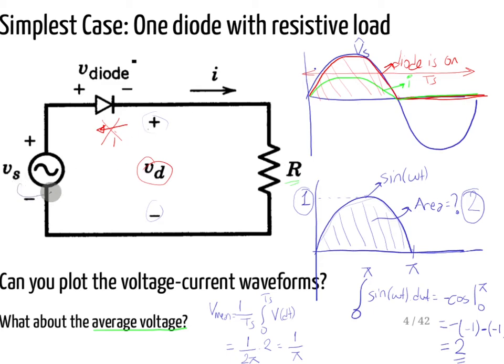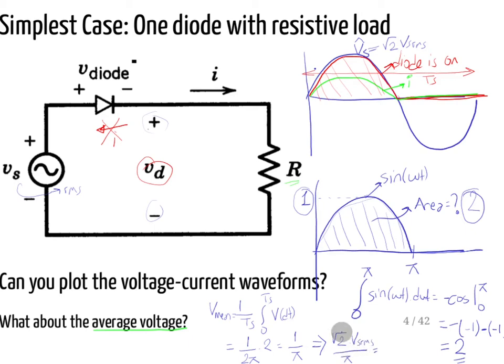If this one is RMS, the peak value is square root 2 Vs RMS, and I can modify that signal, instead of V1 I will use that peak value, so that will be square root 2 times Vs RMS divided by π.